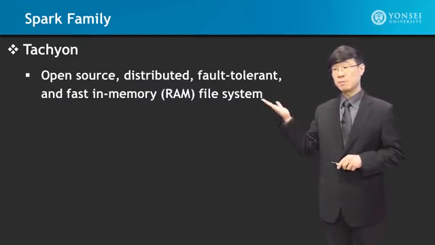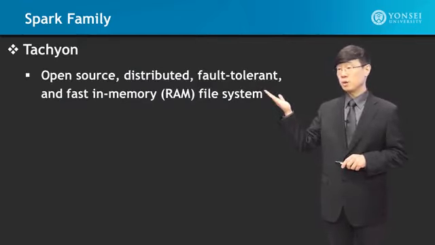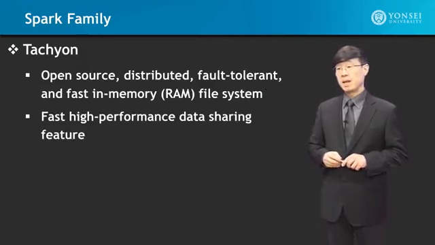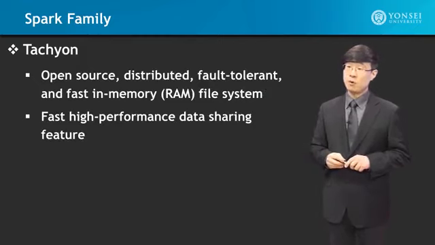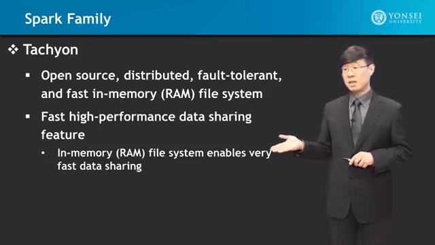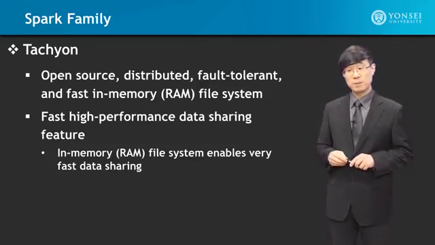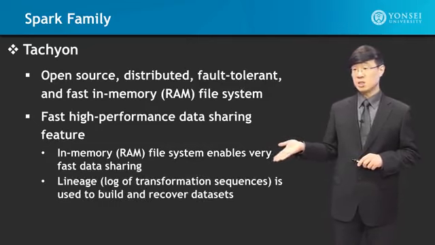Looking into Tachyon, this is an open source distributed, fault-tolerant, and fast in-memory, RAM-based file system. It has very fast, high-performance data sharing features. This is based on an in-memory, RAM-based file system, which enables very fast data sharing, and lineage, which is a log of transformation sequences.